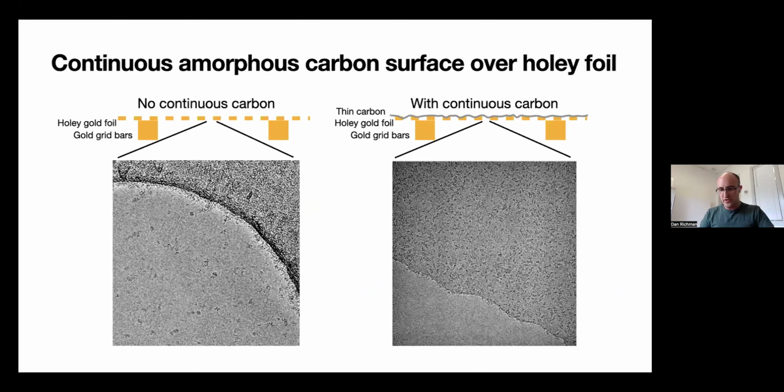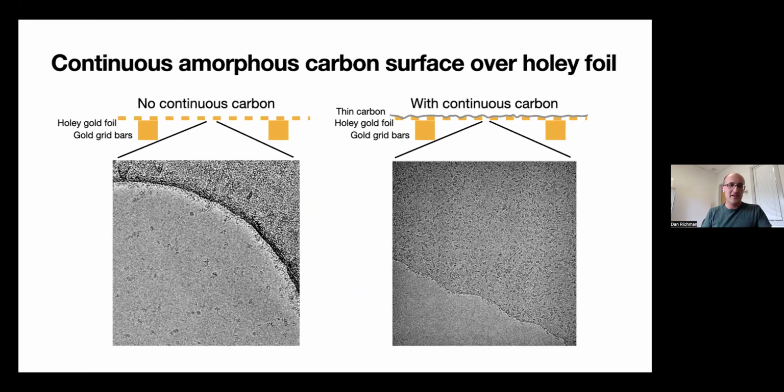Okay, so moving over to the practical side of this, the really important step for getting this all to work was realizing that top6 was not going to behave on any surface other than amorphous continuous carbon.